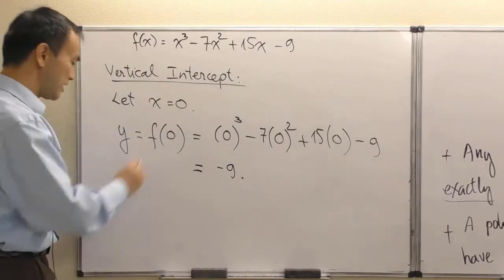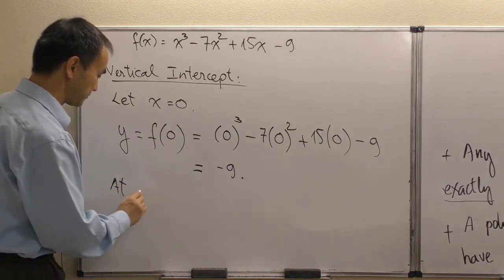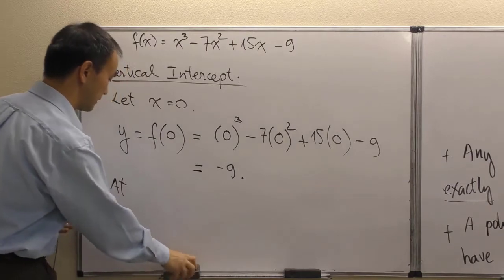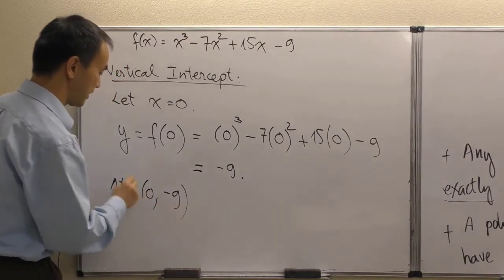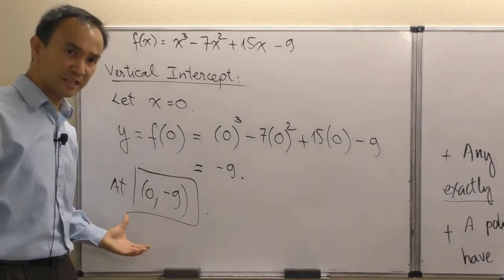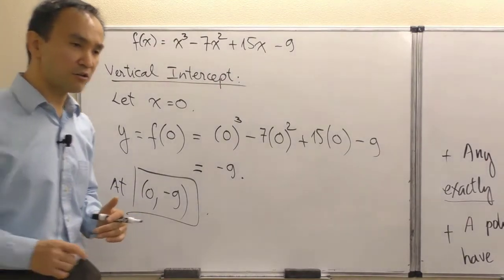So the vertical intercept now is at 0, negative 9. All right, that point right there is the vertical intercept, and that is now consistent with the result we have seen on the graph.